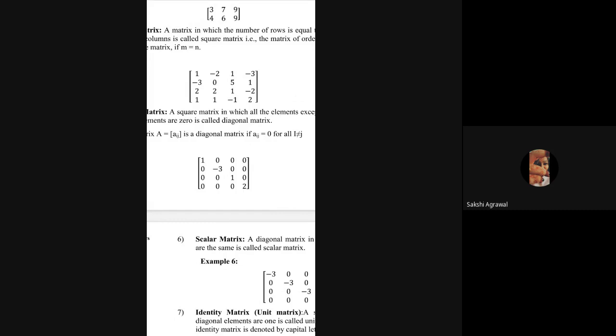Now from here, further categories follow. If you do not understand this, you will not understand further. From the diagonal matrix, next is the scalar matrix.